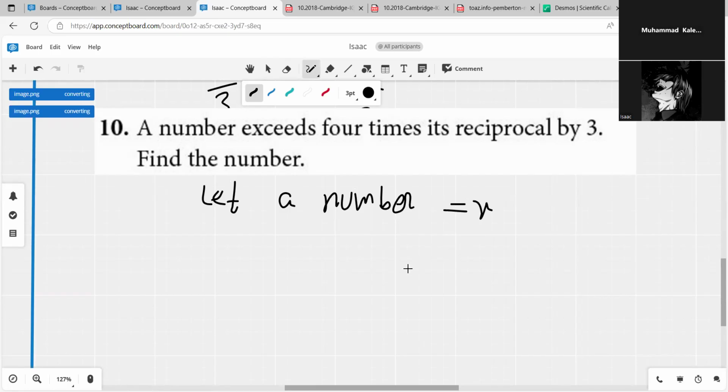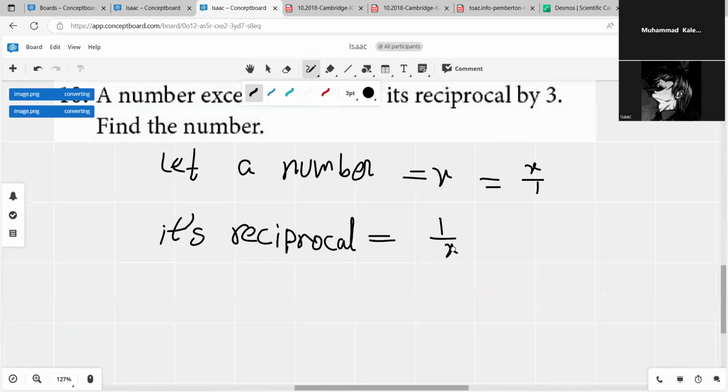What will be its reciprocal? Its reciprocal will be 1 over x. Why 1 over x? If there is nothing, we can put 1 in its denominator, right? As we flip it, it will be 1 over x.